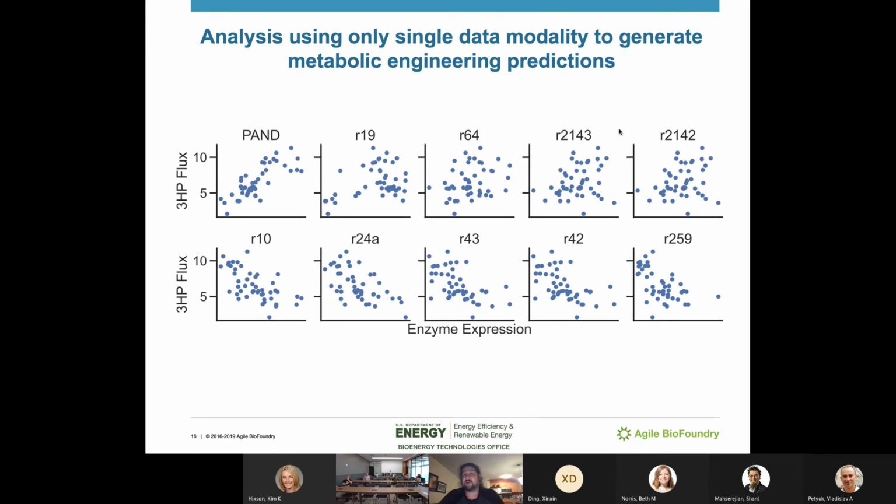And again, if we compare the correlation coefficients of 3-HP versus all the different enzymes, we do see several reactions that had pretty high positive correlation and those that had very strong negative correlation. What's interesting is that hardly any of these ended up being the most important, the ones with the highest flux control coefficients.